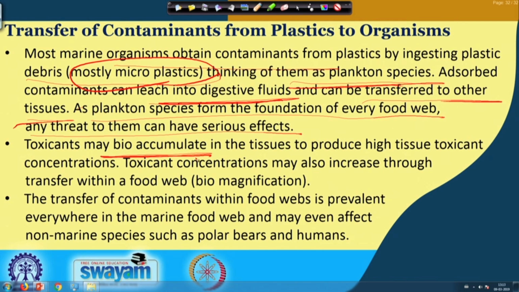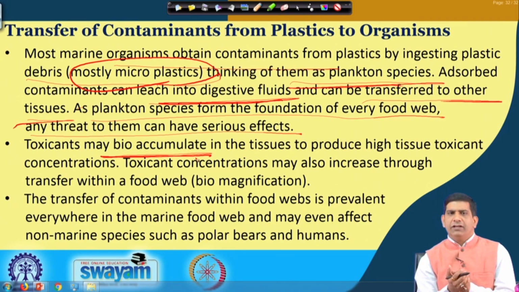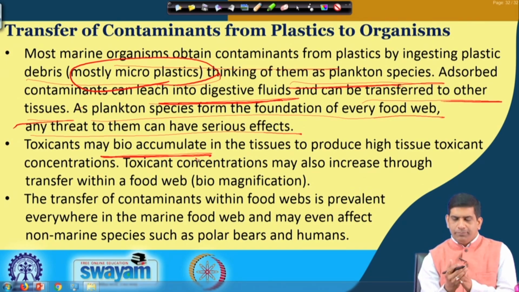Bioaccumulate means it will build up in the tissues, usually for lipophilic chemicals. Lipophilic means something which has affinity for lipids, for fats in the body. So it is lipophilic, and then it adsorbs to that particular site in our body. If it is lipophobic, that means phobia of lipids, so it will not adsorb.